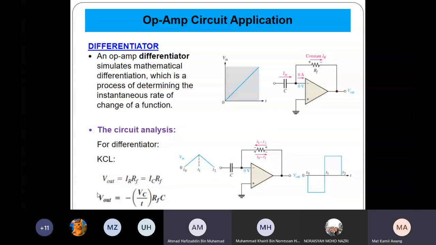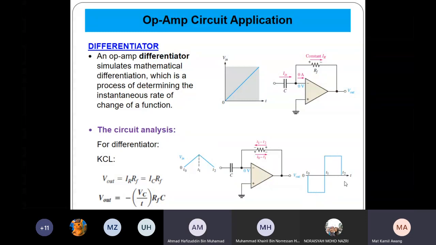For the differentiator, by KCL, V out is equal to IR RF, equal to IC RF. So V out is equal to minus RF C dVc over dt. So if you have a triangle input, the output will be a square signal.